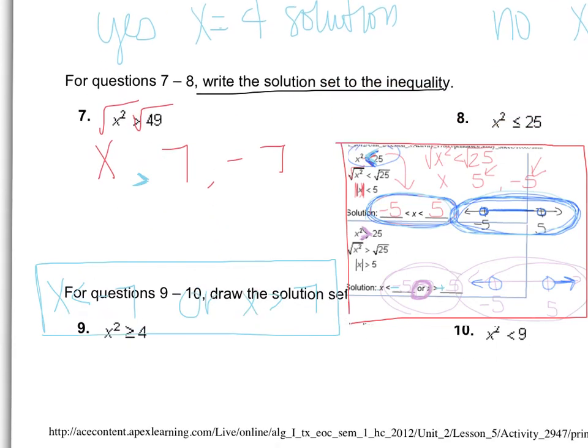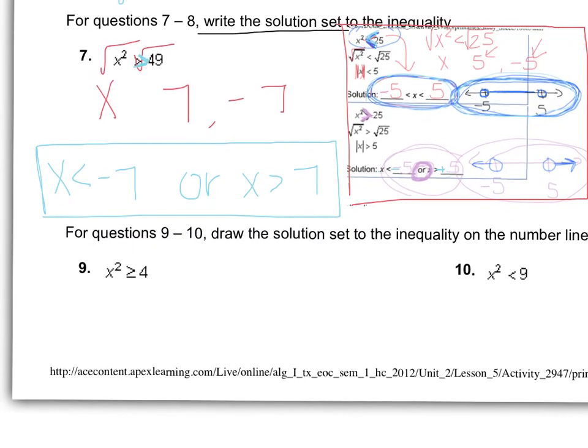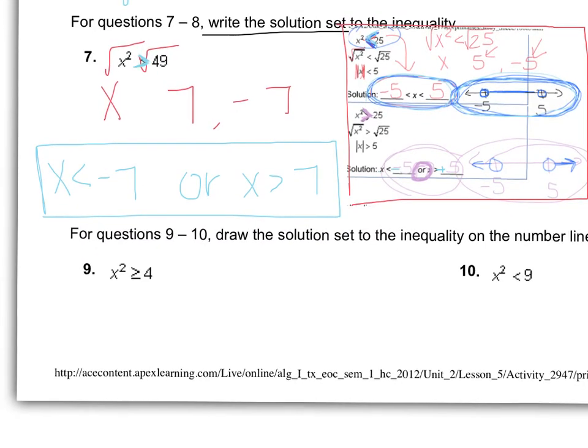So number 9 wants the same thing, but this time we're supposed to draw it out. Well, we've got to look at our sign. The sign is a greater than or equal to, so that means I'm looking at this second set here because it's the same sign, greater than or equal to. So it tells me I'm going to have a number line, and my number line is going to have 2 dots, and notice they're going opposite directions.